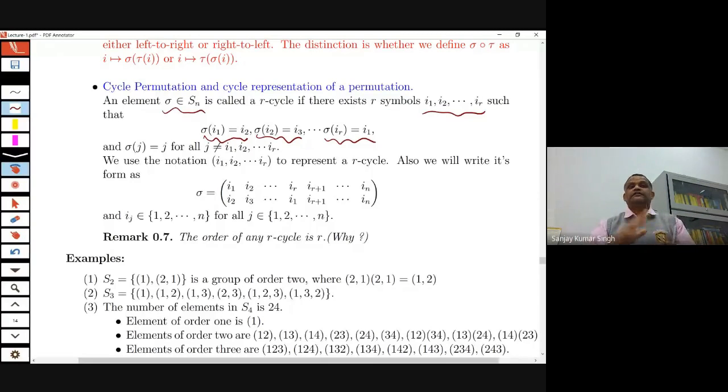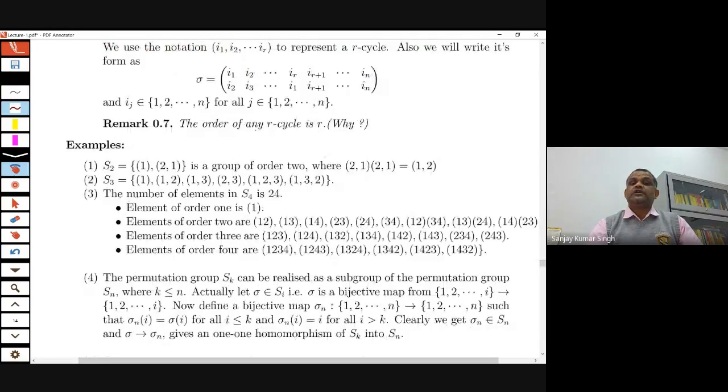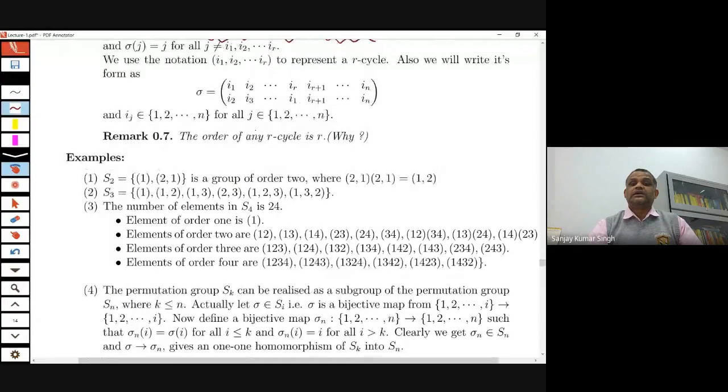It's like a cycle. i1 is going to i2, i2 is going to i3, and similarly like that. And how to represent it in array form? It's like this: i1 goes to i2, i2 goes to i3, ir goes to i1, and the rest are fixed, so i(r+1) goes to i(r+1), up to in. It is also an interesting exercise that if you take any cycle of length r, then its order is also r.